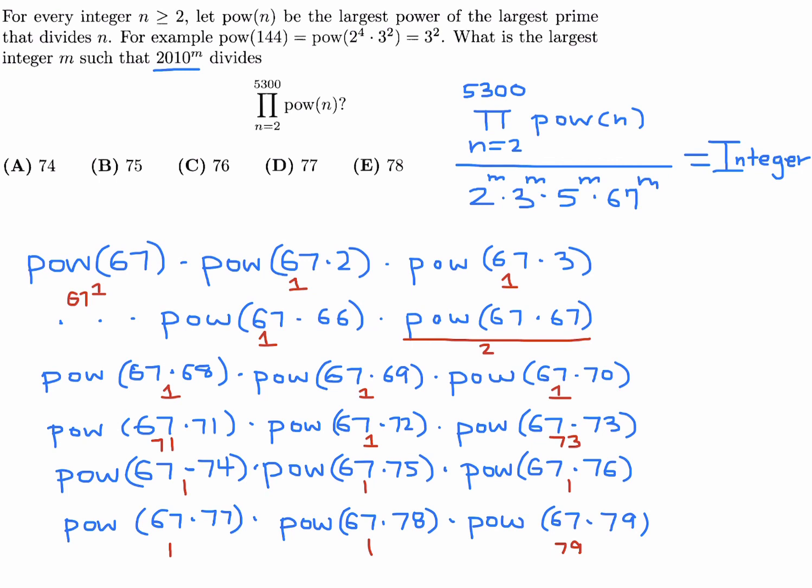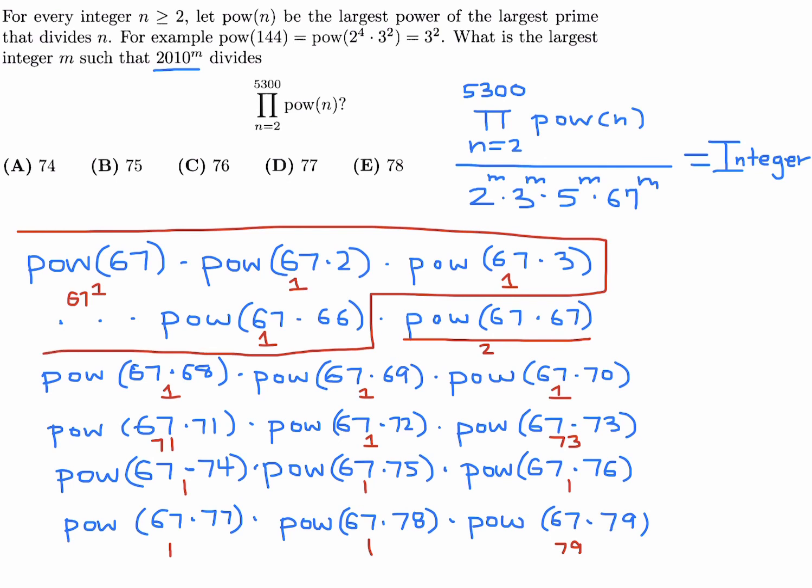I didn't write them all in, but we have 67 times 1, 67 times 2, 67 times 3, all the way till 67 times 66. And each of those give an exponent of 1. So we got 66, these guys right here. Those give 66 in terms of when you add up the exponents of 67 to the power of 1, 66 times. This one here gives you 2.